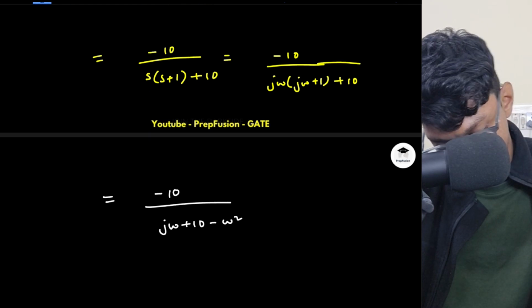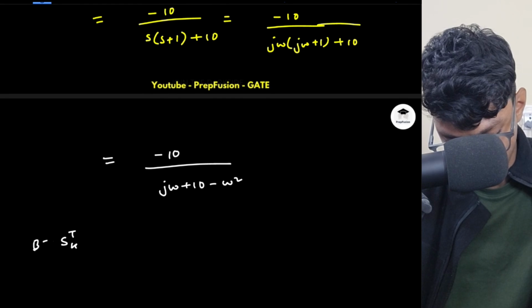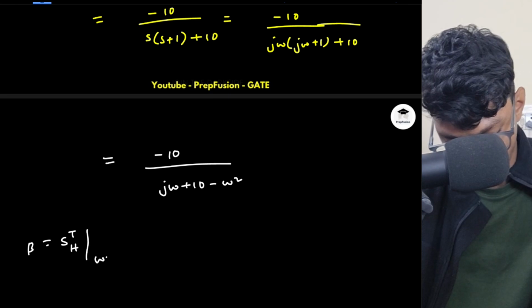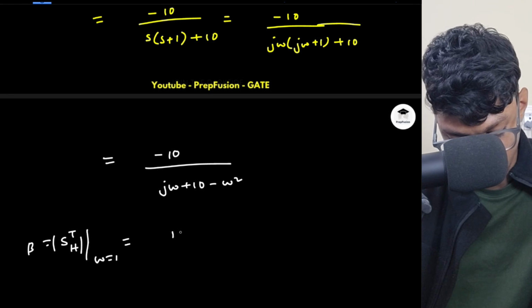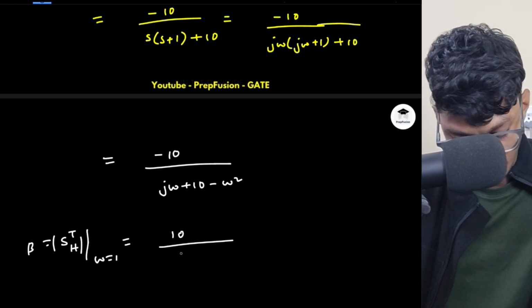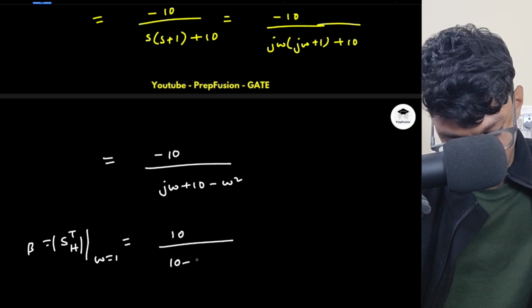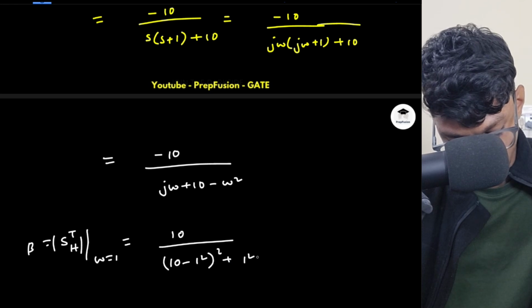Again I will calculate the sensitivity of the transfer function, that is beta, with respect to h at omega equals to 1. I will just calculate the magnitude because they are asking for the magnitude. So it will be 10 divided by the root of 10 minus 1 square, whole square, plus 1 square.